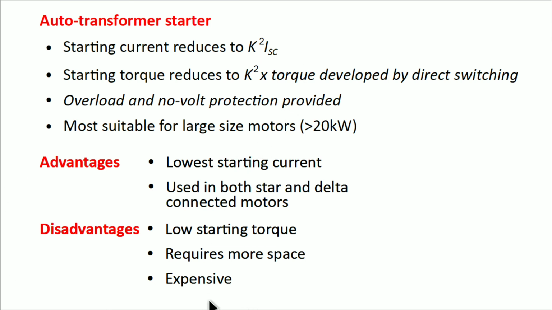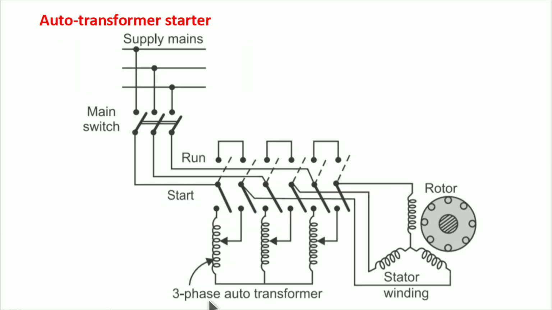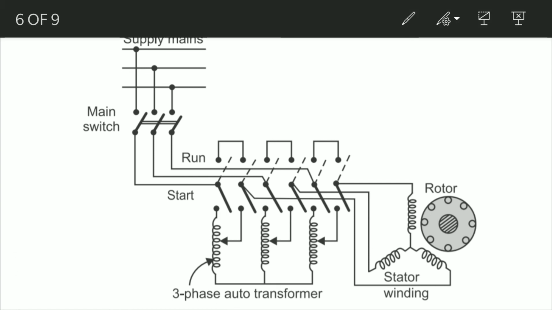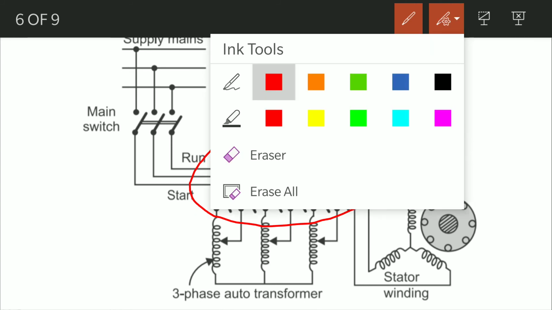One more thing you can see, that in place of using this double throw 6-pole switch, we can have some contactor control circuits to provide this switching operation, but auto transformer is always used in this starter.